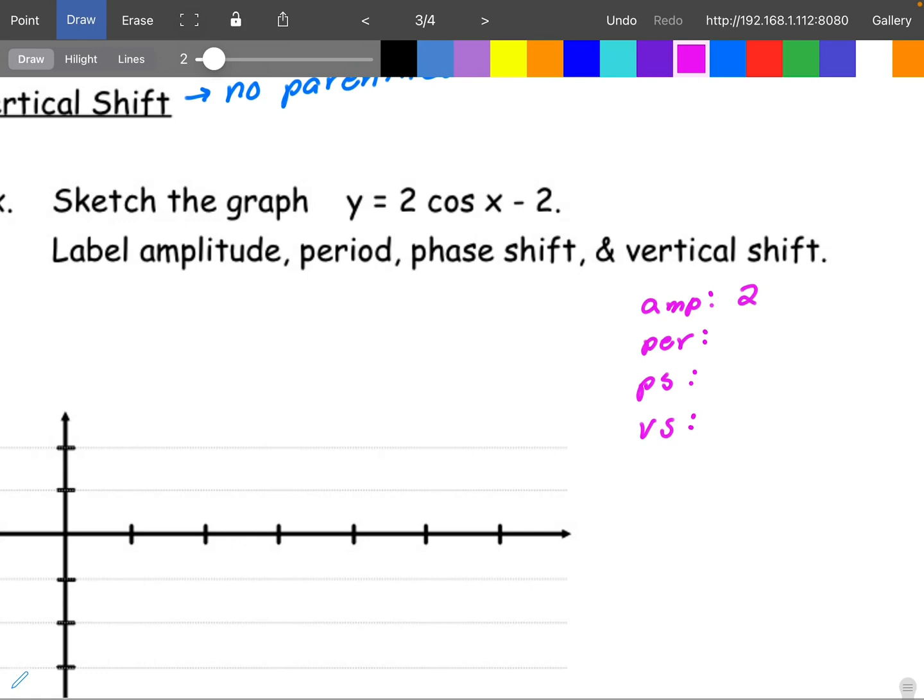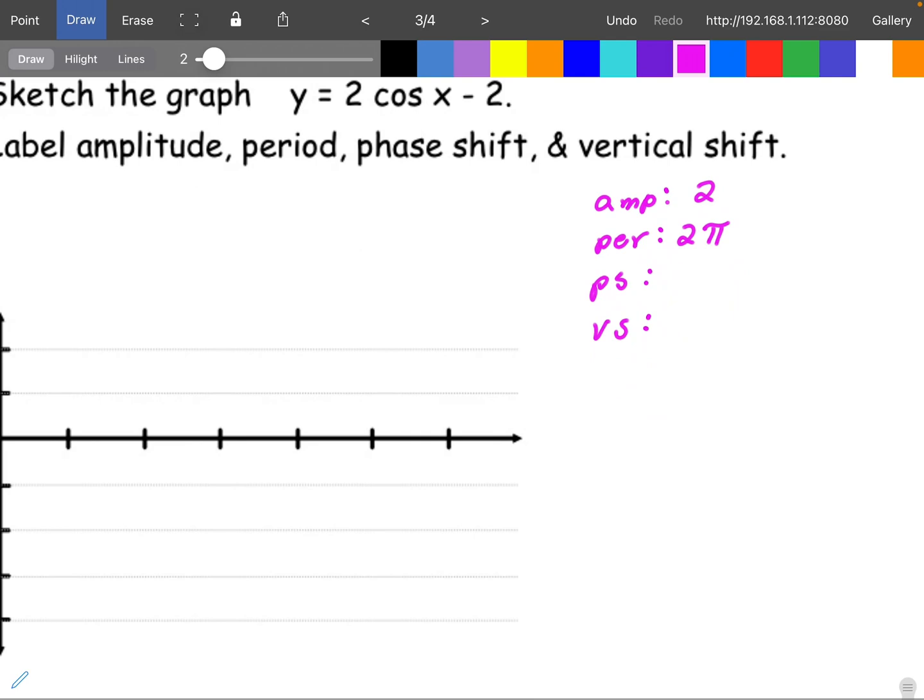Our period is determined by what is in front of x. And in front of x, I have an understood 1, which means my period has not changed. It's going to remain the same as our basic function, and the period of our basic function is 2 pi.